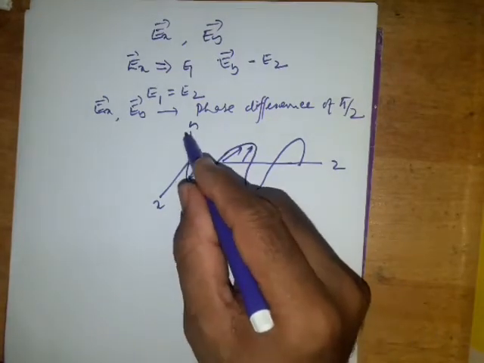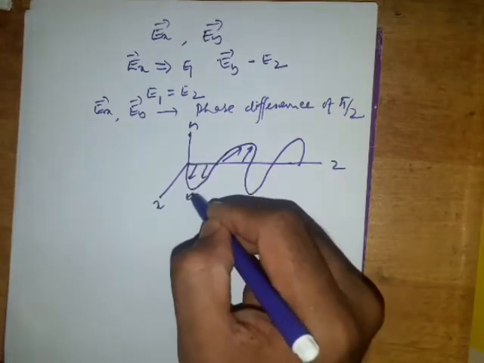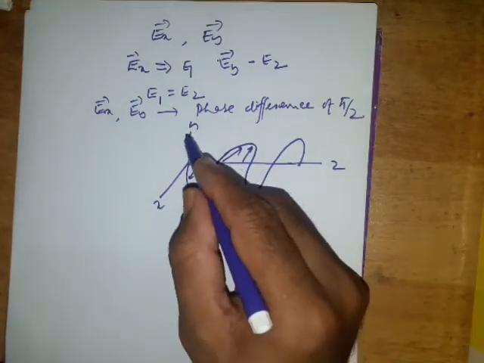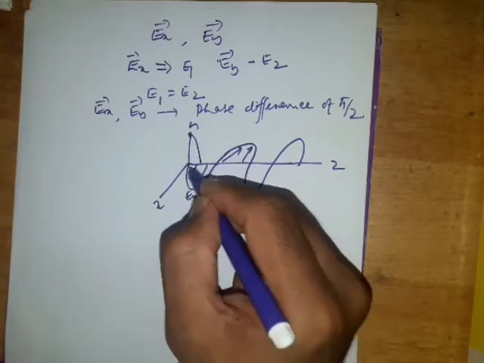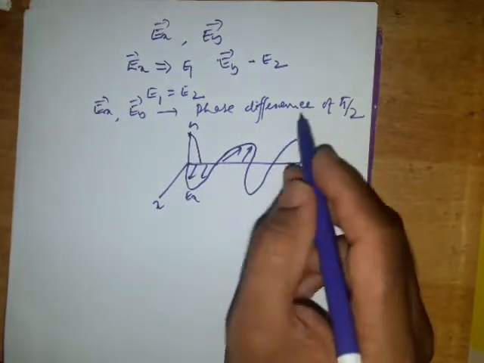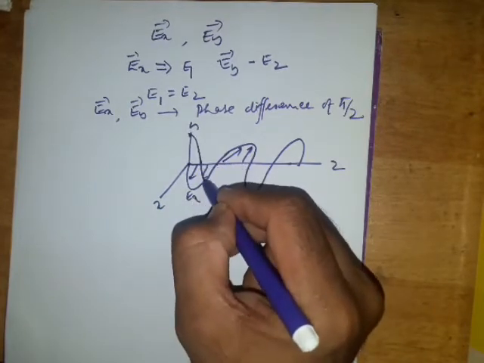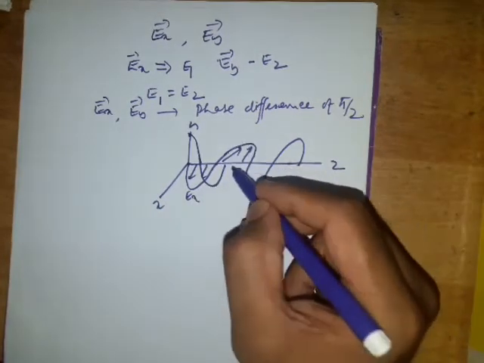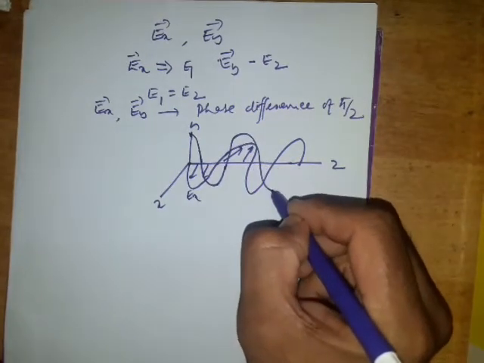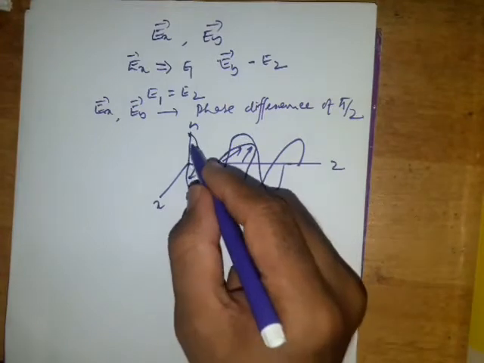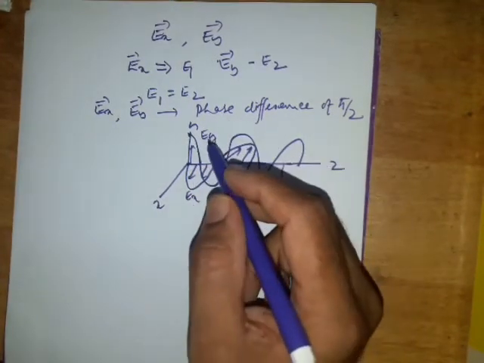This is the Ex vector, and you can see here the phase difference is pi by 2. This is the Ey vector.